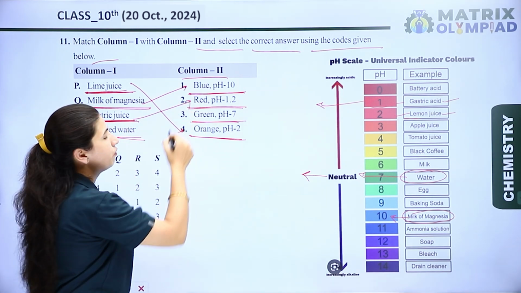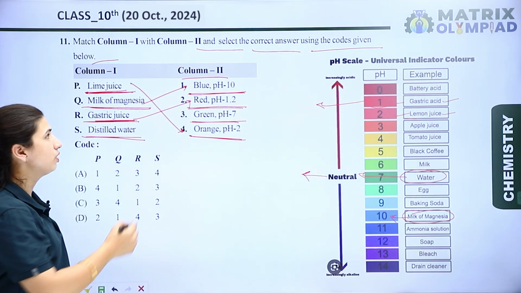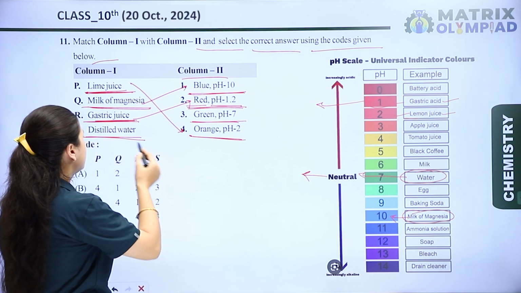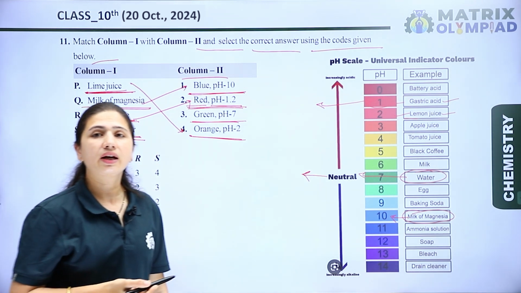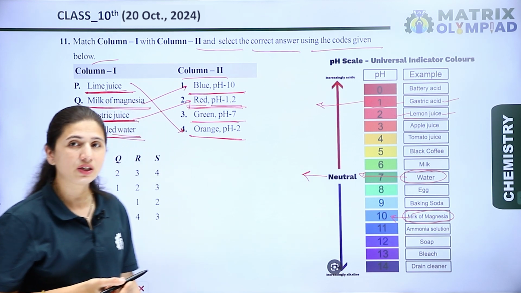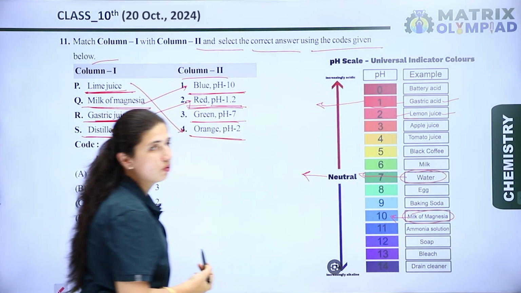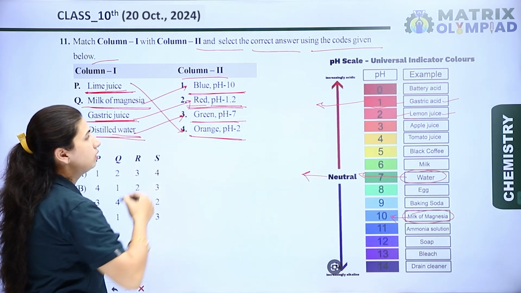Gastric juice is very acidic in nature. It is also known as hydrochloric acid, so it is red in color and pH is around 1.2. And the last is distilled water. Distilled water is a neutral solution and has pH around 7, and its color is green. So distilled water matches with the third, green.